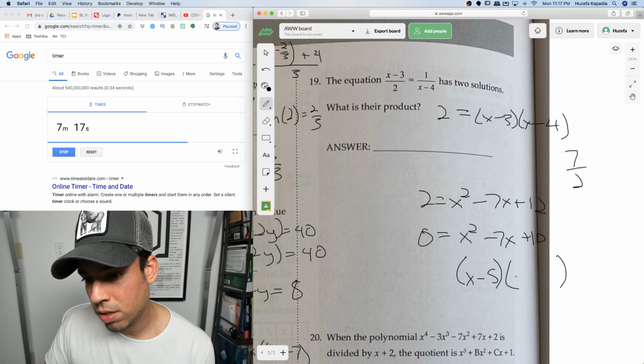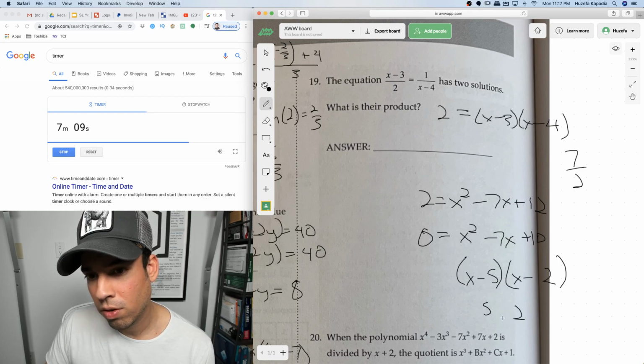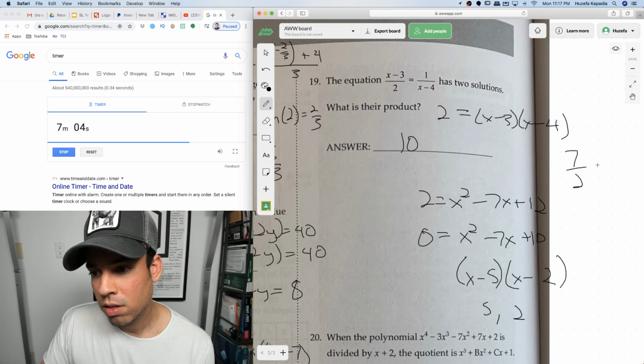And then this one becomes x minus 2. There we go. Oh, yeah, no, this is wrong. And so my two solutions are 5 and 2. Okay? 5 comma 2, and the product of those two is 10. So where this came from, I think this is supposed to come from the sum.